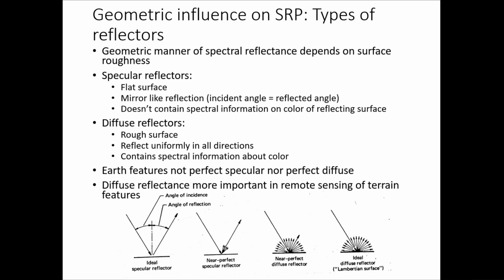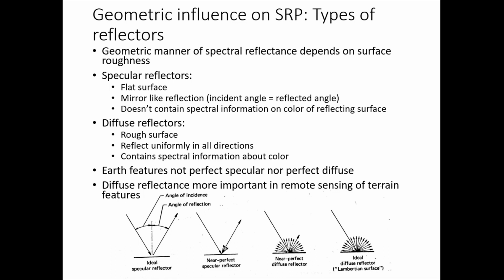That is why fine grained sand will appear fairly smooth when you observe it or sense it using long wavelength microwaves, but it would appear rough to the visible wavelengths. When we observe fine grained sand using our eyes, that is the visible, we are sensing it in the visible wavelength, and we can see that it is a rough material, right?